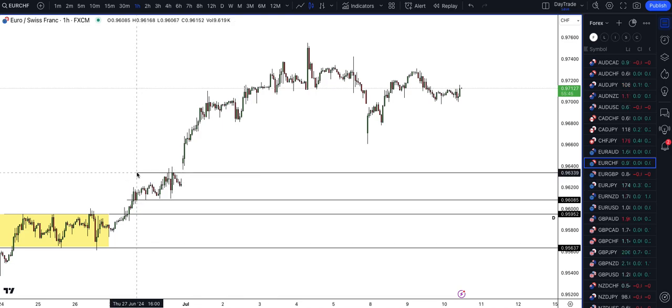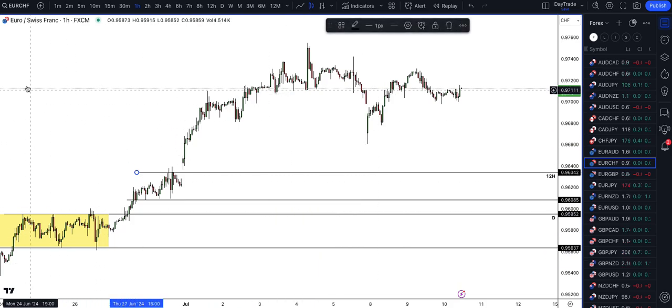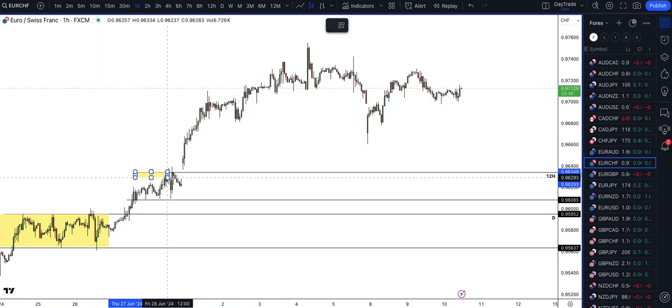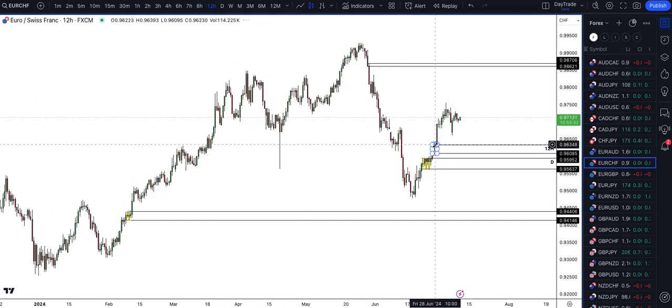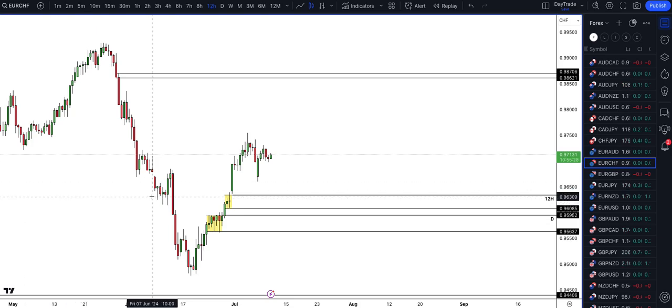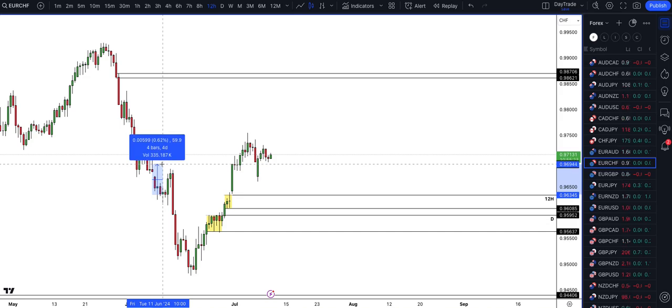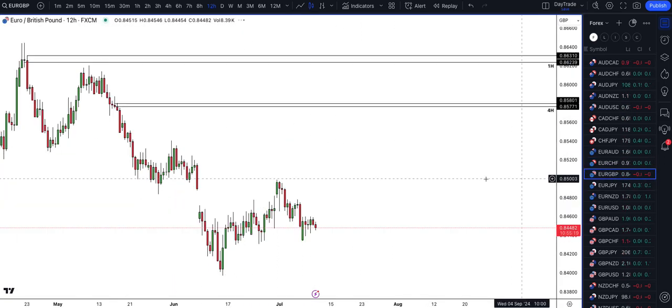Have a look at this. I think this will be one that we'll put on. It's got some nice distribution. Double check the size. 26. Perfect. So yeah, that could be a good zone for us to buy from as well.